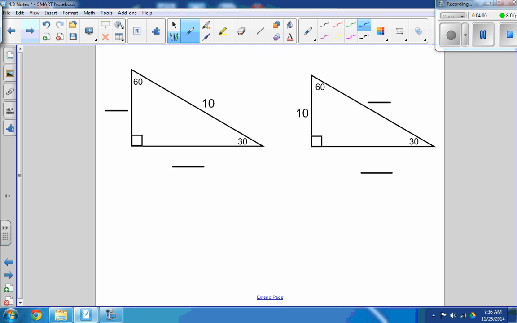So let's solve these. Divide by 2 gives me 5. And then multiply by square root of 3. I get 5 square root of 3. And we could check that using the Pythagorean theorem. Times 2, times square root of 3.